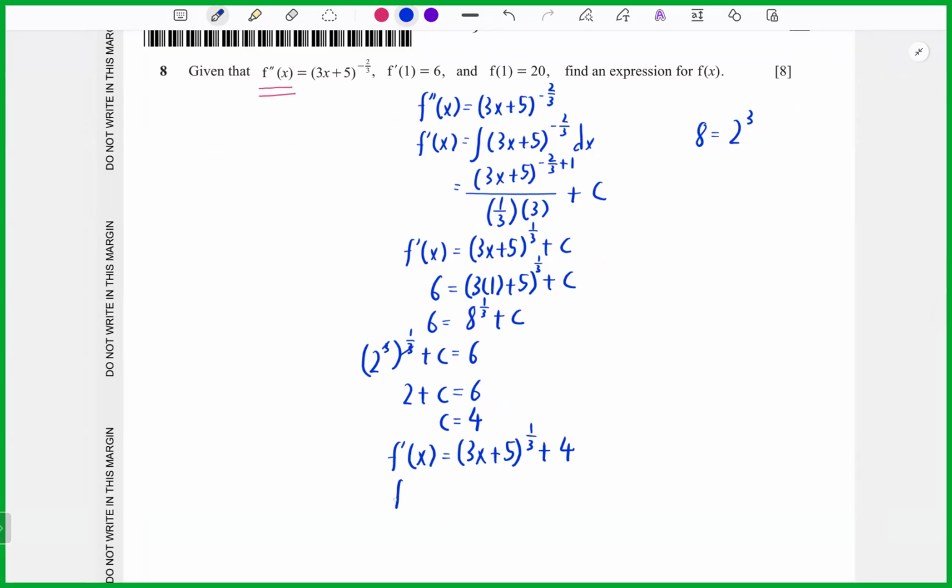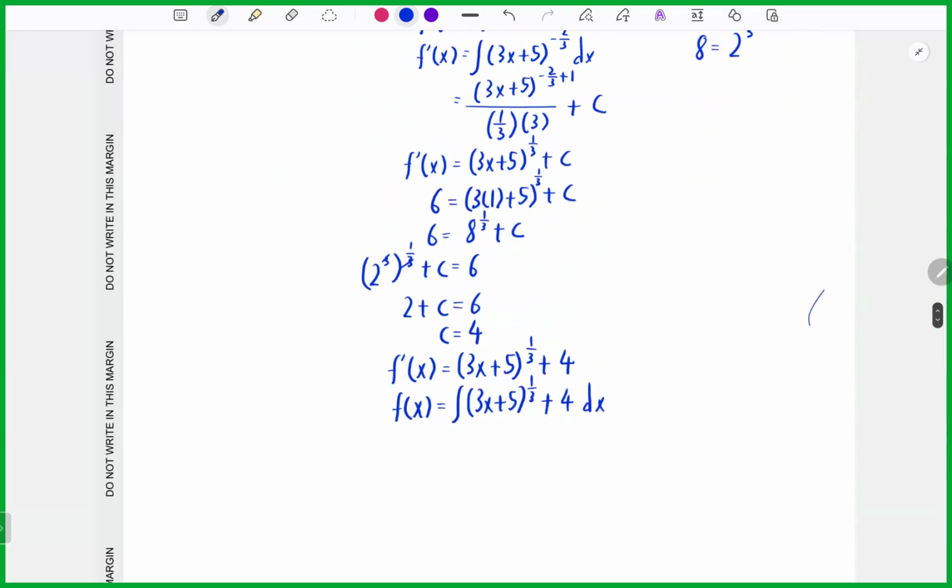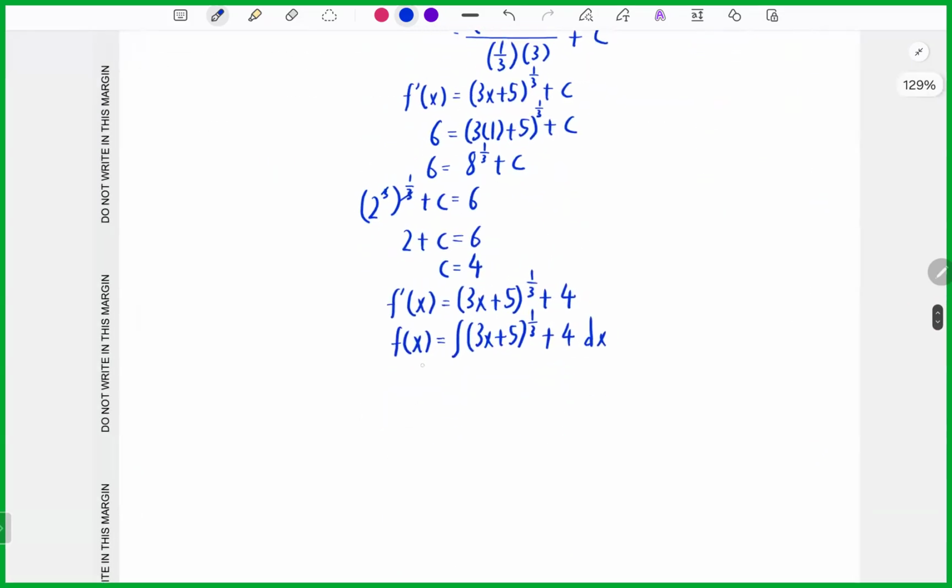So you can write f(x) equals the integral of (3x + 5)^(1/3) + 4 dx, which equals (3x + 5), and here you add 1, you get 4 over 3.